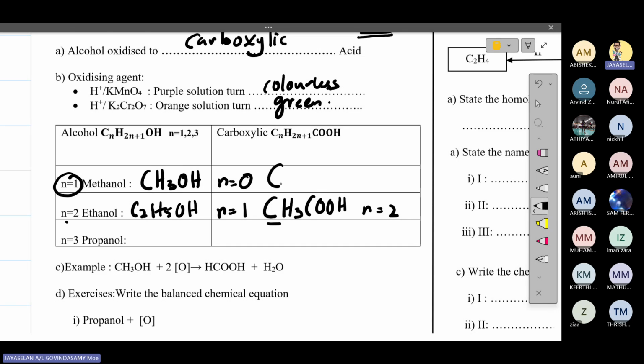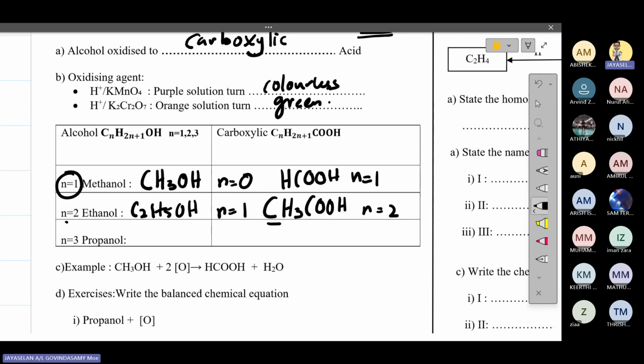When I apply 0, C0, H(2×0+1)COOH. Kena? So ini cancel, ini cancel. So kamu akan dapat ini padam, ini padam. Okay, you got 1 H, right? So the formula of methanoic acid is HCOOH. Okay, kalau kamu tengok di sini ini 1, this one also become 1.